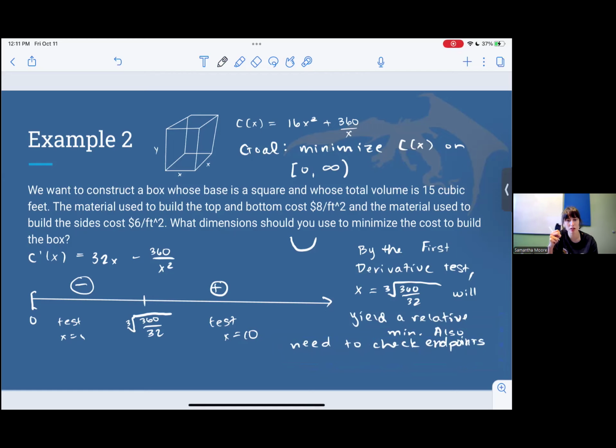And by check, I mean, look at the cost associated to each of these things and really choose the minimum cost between these two choices. So, i.e., we need to calculate the cost at 0 and the cost at this cube root of 360 over 32. And then we will just choose whichever x value truly gives us the minimum cost.